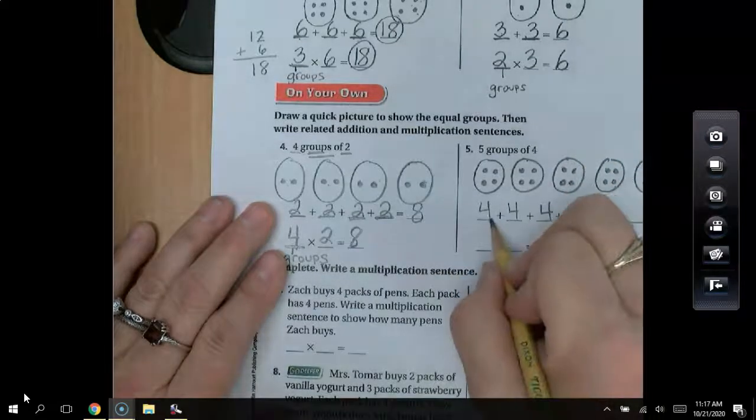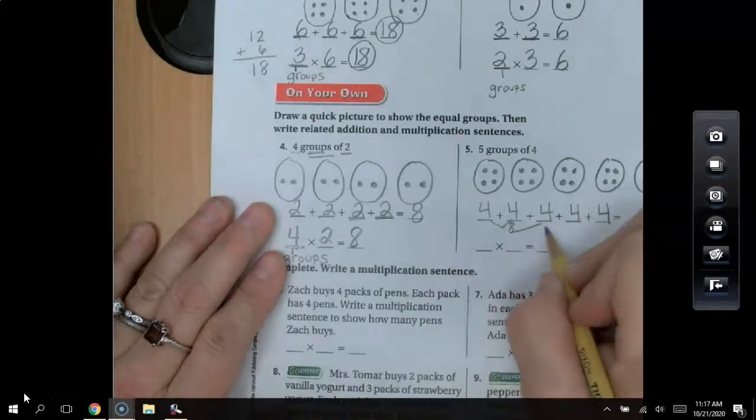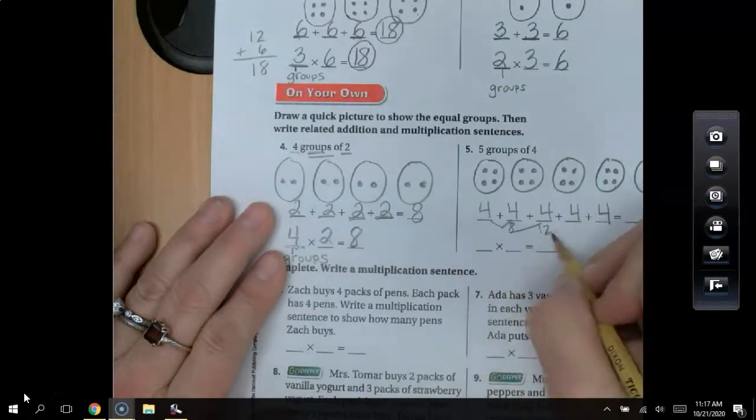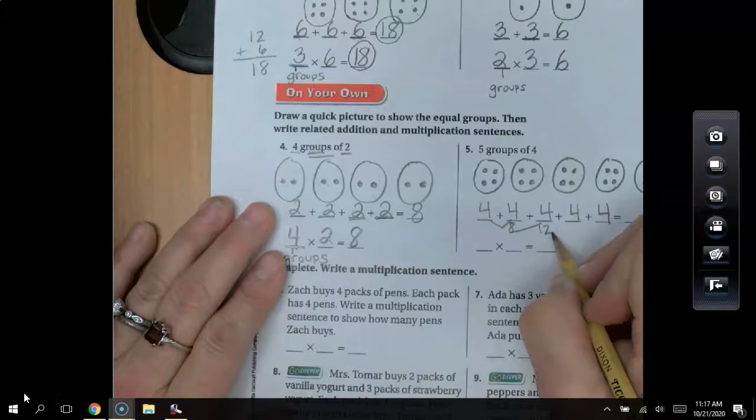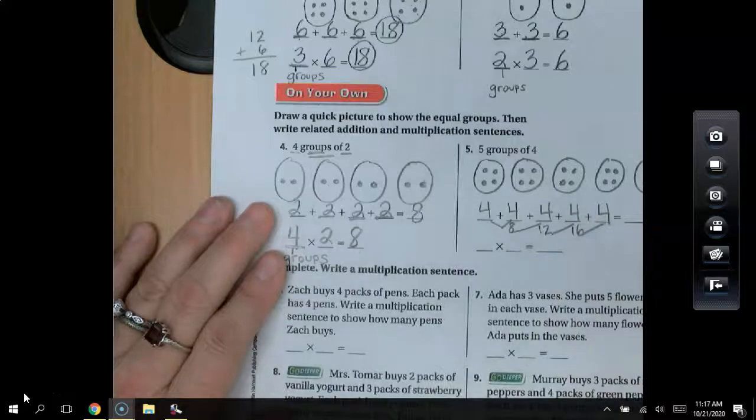I know that 4 plus 4 is 8. 8 plus 4 is 12. 12 plus 4 is 16. And 16 plus 4 is 20. So my answer is 20.